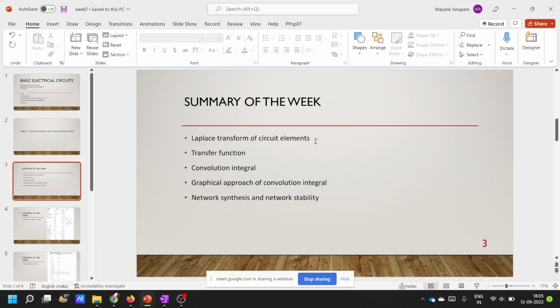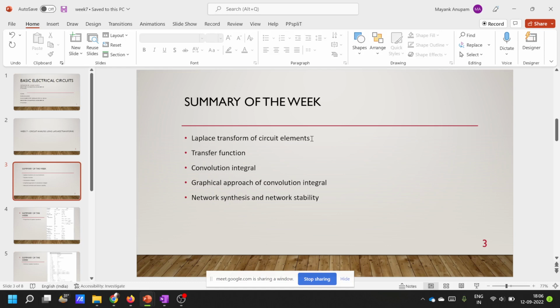Fine. So in this week, I'll quickly summarize the topics. You learned about Laplace transform of circuit elements, of common circuit elements like inductors, capacitors, resistor, voltage source, current source, and all. After that, you went on to the concept of transfer function. You studied about transfer function, how to find them, and what they are. Then you also learned about convolution integrals.